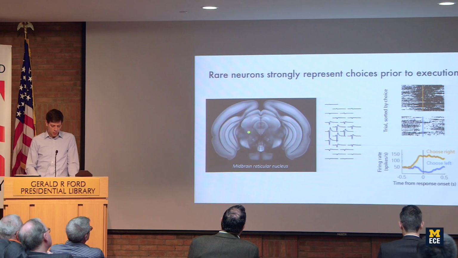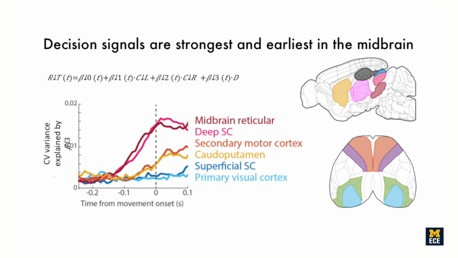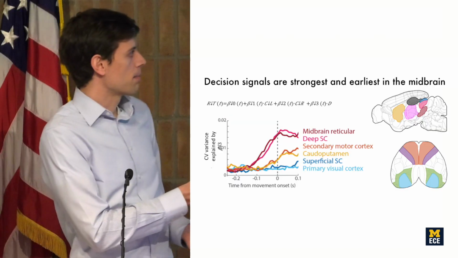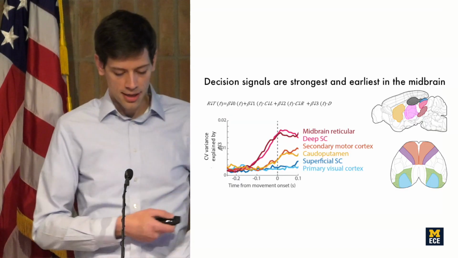And to quantify this, we fit a very simple model to the spiking activity, which is just a linear regression that has terms for the contrast of the stimuli and the decision. You could think of this as a way of looking at error trials, because we're using the fact that sometimes for given contrast conditions, the mouse will make one decision, and other times will make the other decision, that is, make an error, to discriminate the parts of the neural activity that are dependent on the decision and on the contrast.